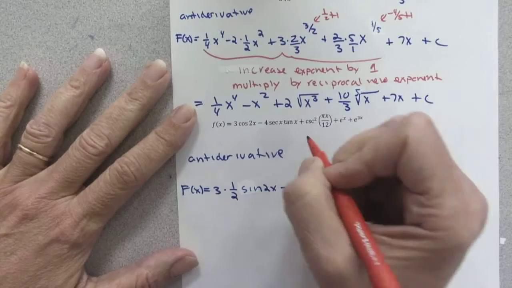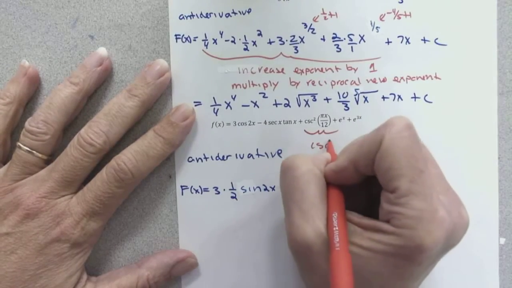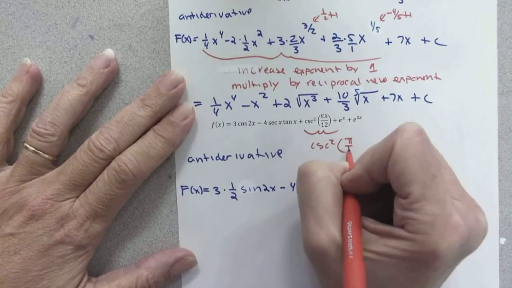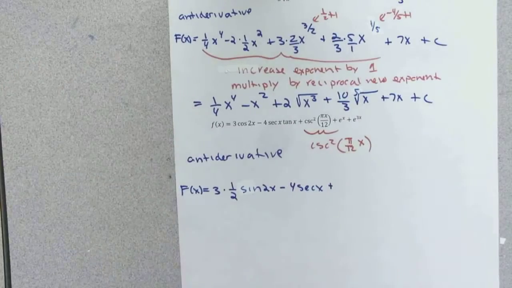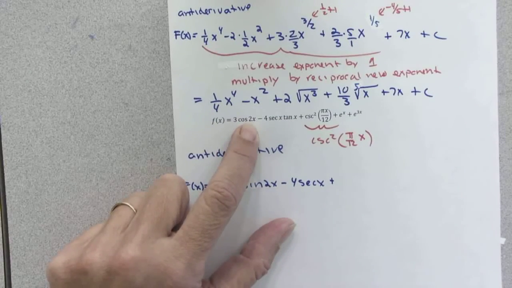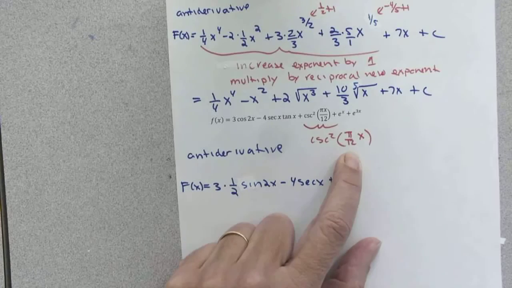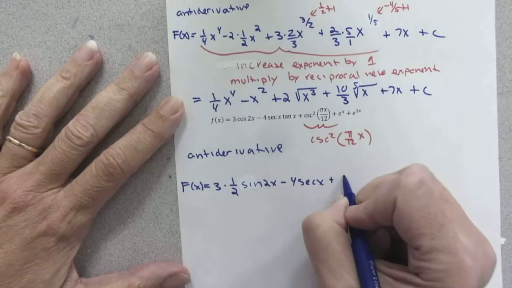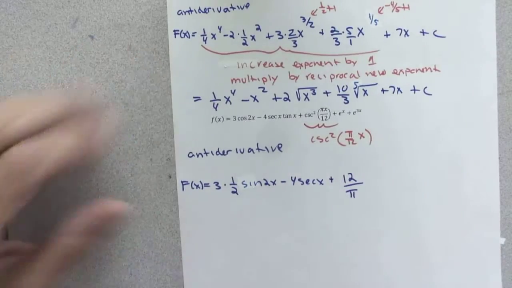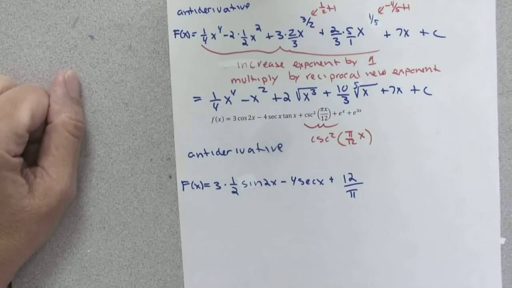Okay, this guy right here. So that'd be cosecant squared of pi over 12 times x. So that pi over 12 is just a coefficient, just like this 2 was. The rule when I anti-differentiate is I divide by that. Well, dividing by pi over 12 is the same thing as multiplying by 12 over pi.